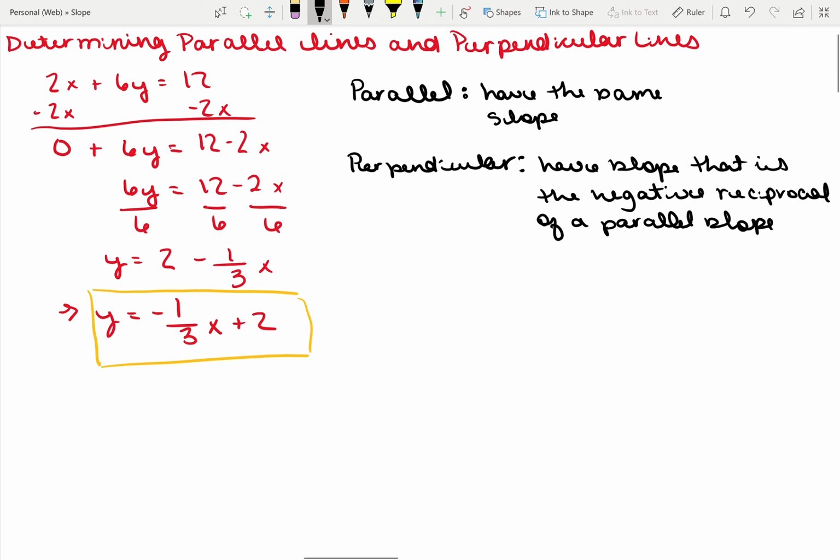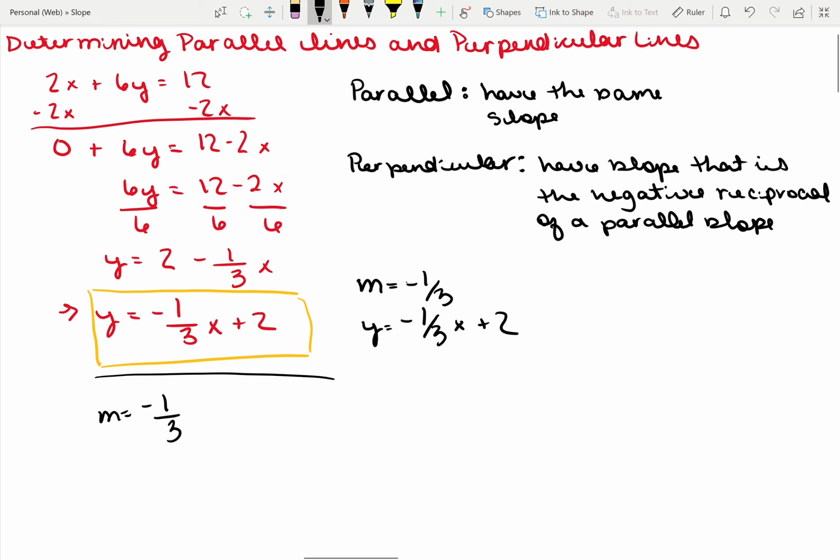So what do I mean by that? Our line here has a slope of negative 1/3. Let me write it over here so I have a little bit more space. So my slope here is negative 1/3, and my slope-intercept form is y is equal to negative 1/3 x plus 2.